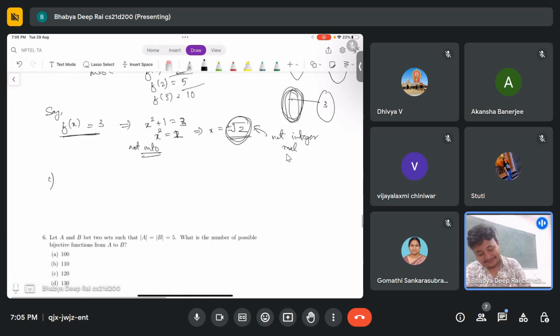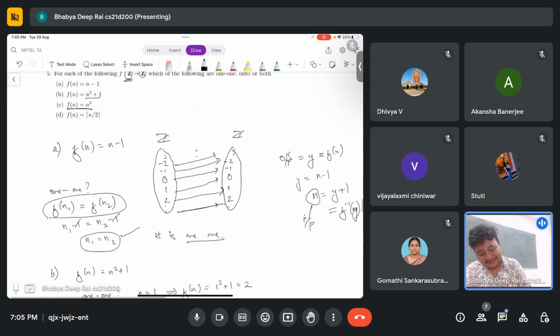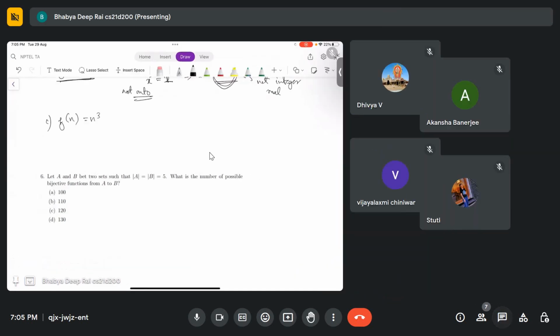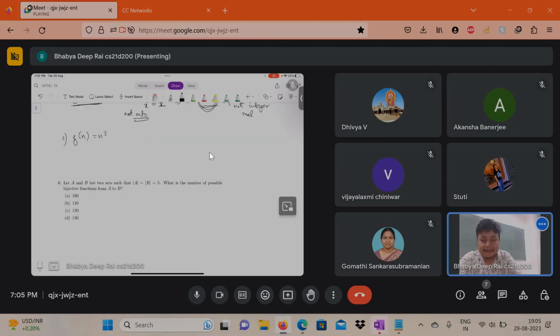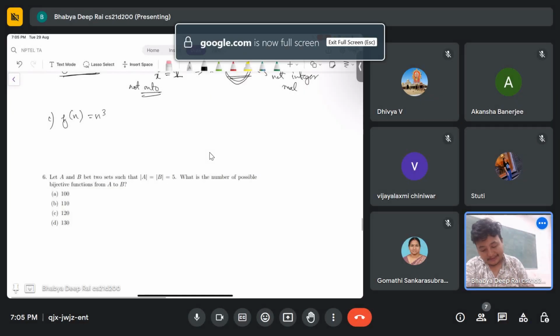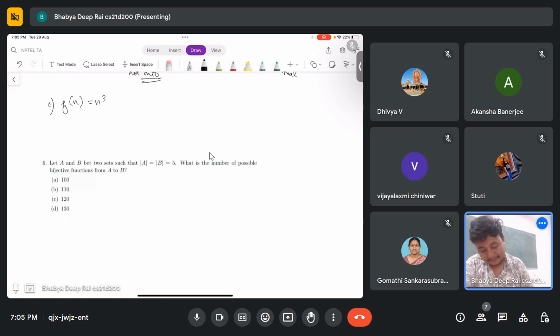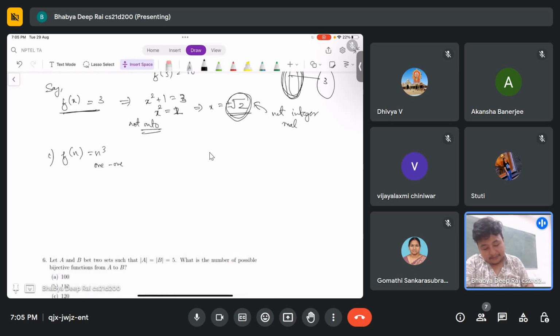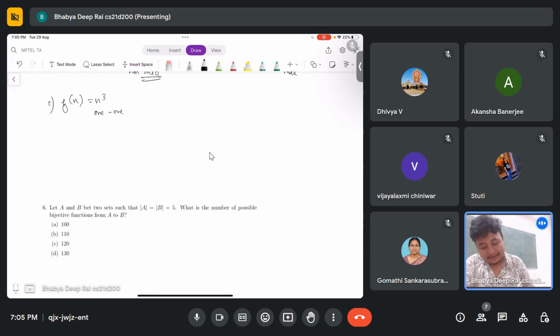Okay, f of n equals n cube. Let's see who's right here. Let's check if it is 1 1. How do I check whether it is 1 1?